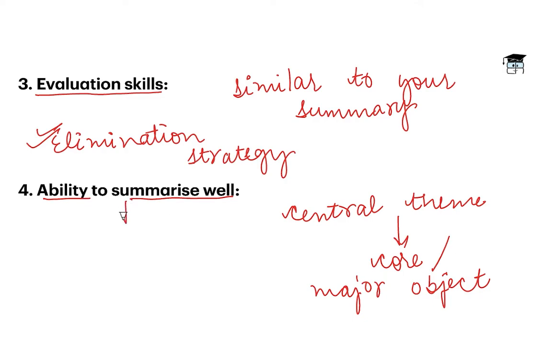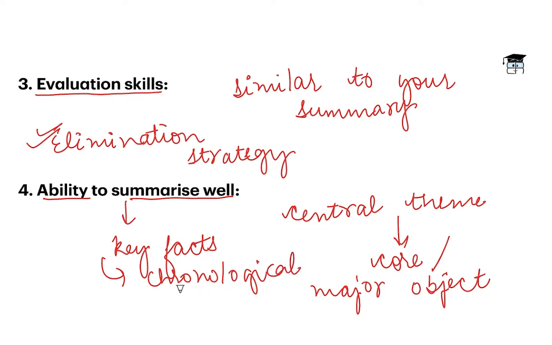Okay, the summary should always have the key facts of the paragraph listed, in a proper chronological order. Now, all these facts should be in a chronological order, in a sequence for them to make sense. Right? Just opt out the irrelevant information in the paragraph and select the necessary key facts and arrange those key facts in a chronological order.